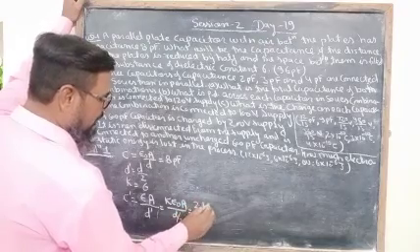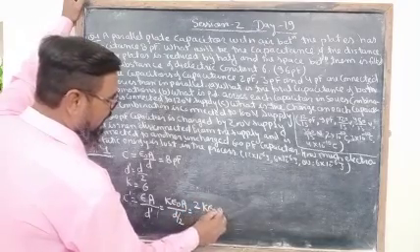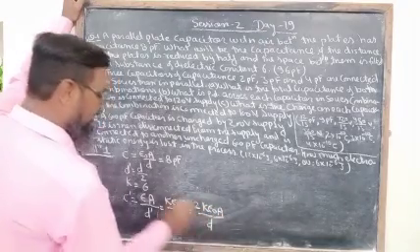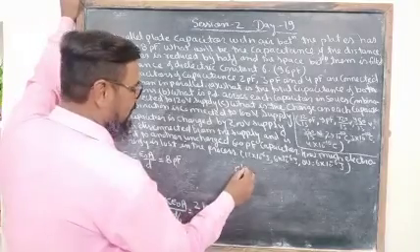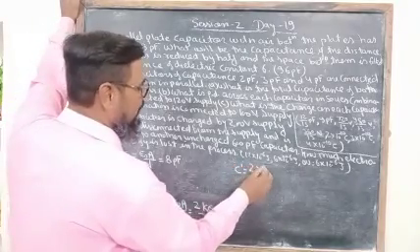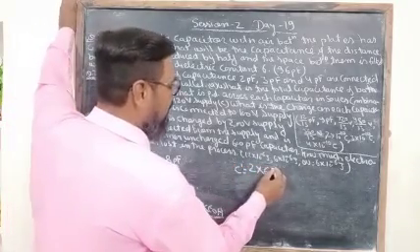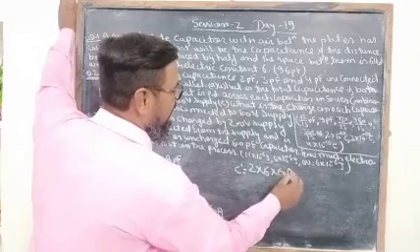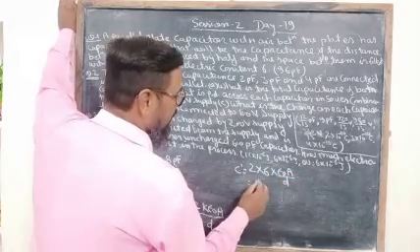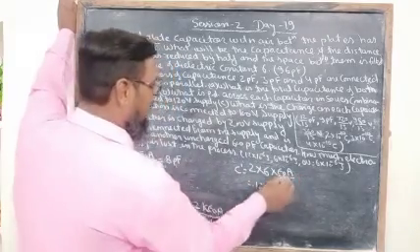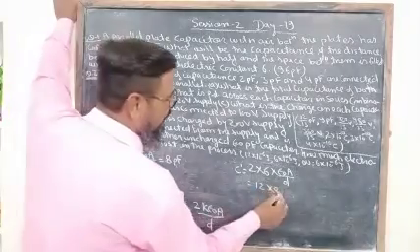So 2 K epsilon naught A upon D, and now C dash is equal to 2 times K, where the value of K is 6, into epsilon naught A upon D. So 12 into epsilon naught A upon D, which has the value 8 picofarad.